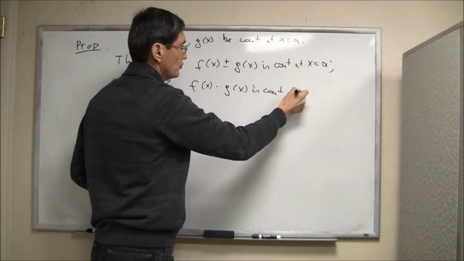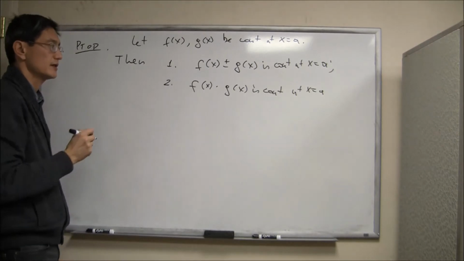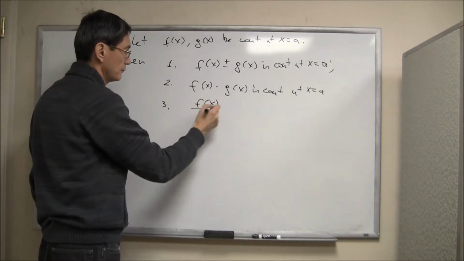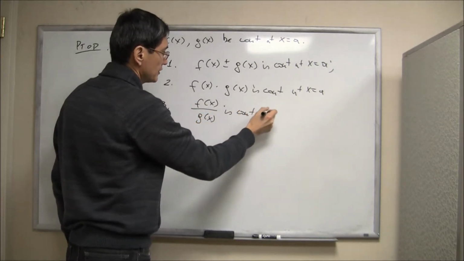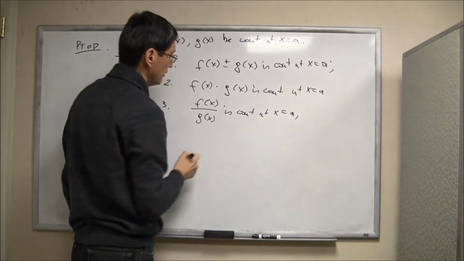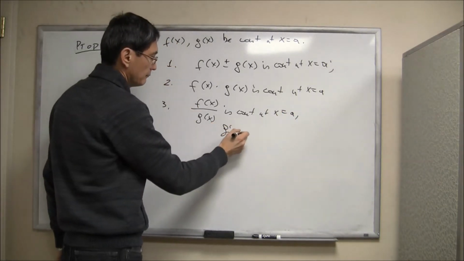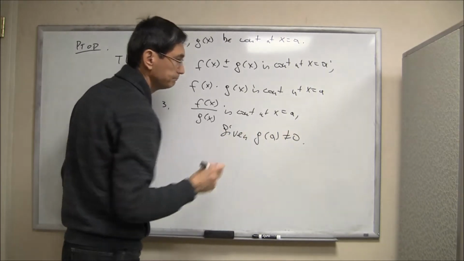So the product of f of x and g of x is still continuous at x equals a. And the third one, the ratio, the quotient, is continuous at x equals a. For the quotient, we have one restriction, given that g of a is not equal to 0.